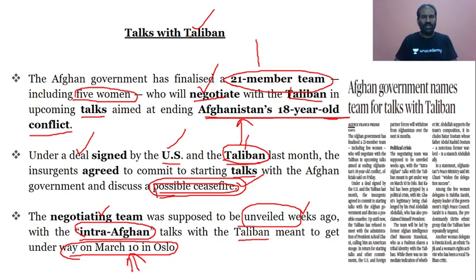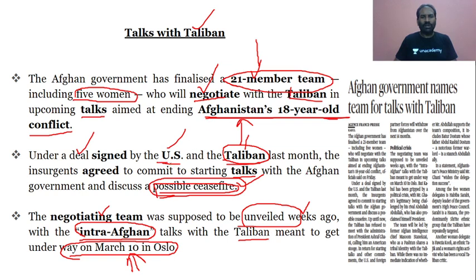And in regard to this Taliban attack, it could be a good analytical understanding for prelims a little bit, and also for the mains. When a question is asked based on the Taliban and the Afghan government, you can also mention that the Afghan government has finalized a 21-member team to negotiate with the Taliban.